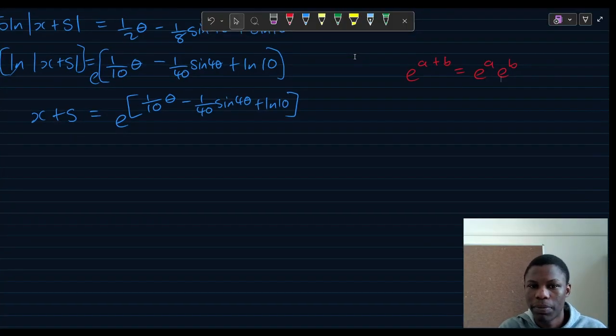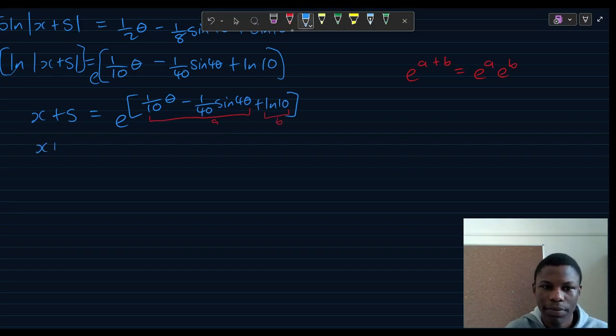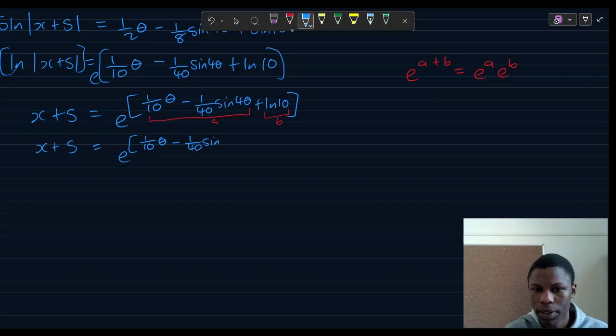So I want to apply that with this being my a and this being my b. So I have that x + 5 is equal to e to the 1/10 theta minus 1/40 sine 4 theta times e to the ln 10.